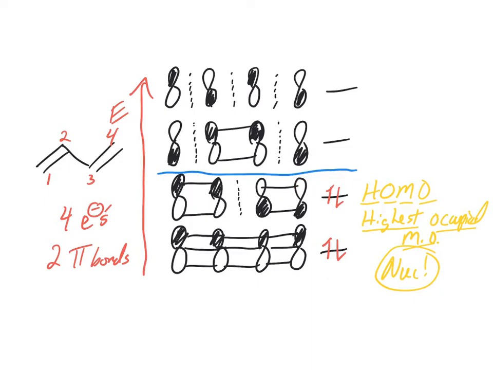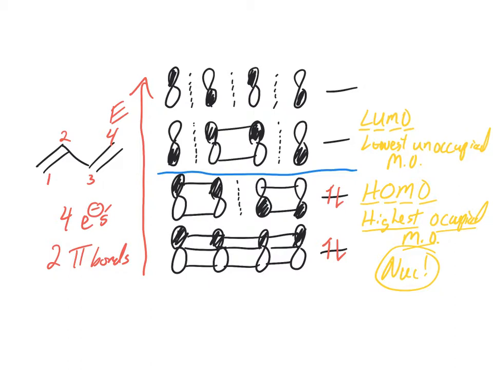What if we want to think about a pi bond as an electrophile? Then we look at its LUMO, its lowest unoccupied molecular orbital.